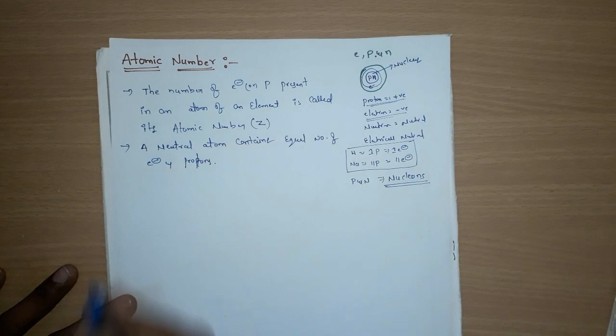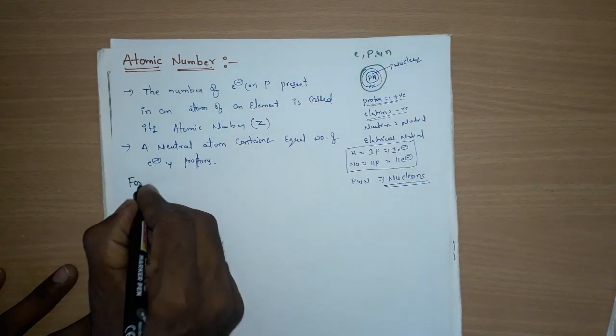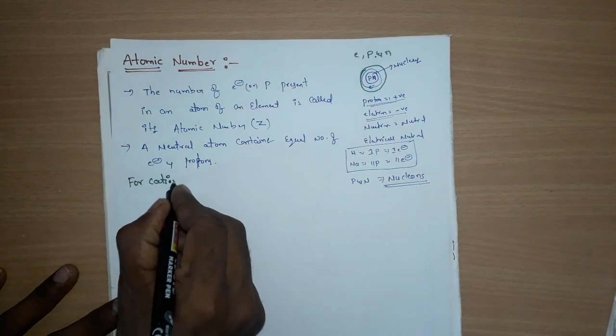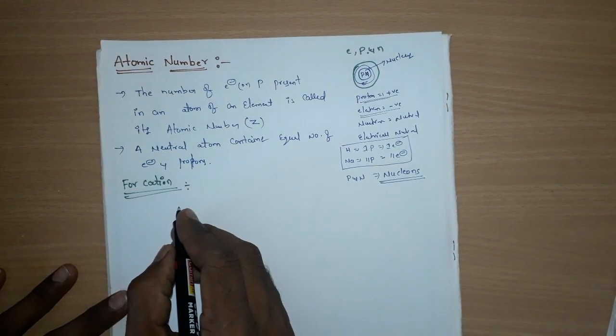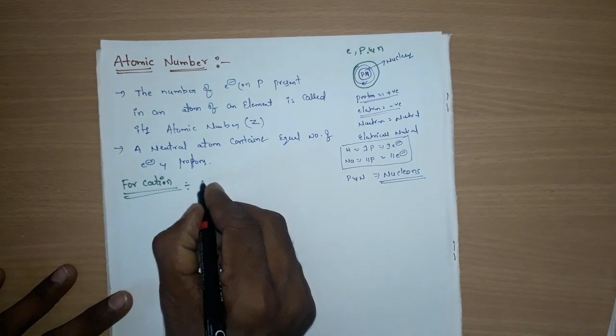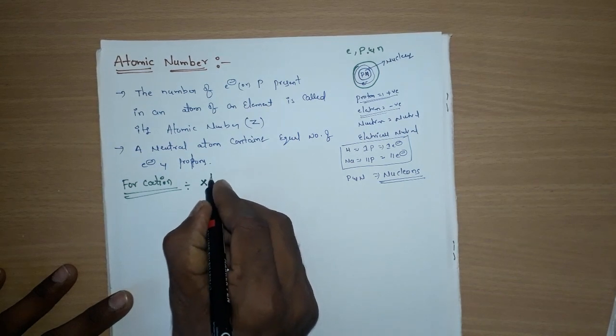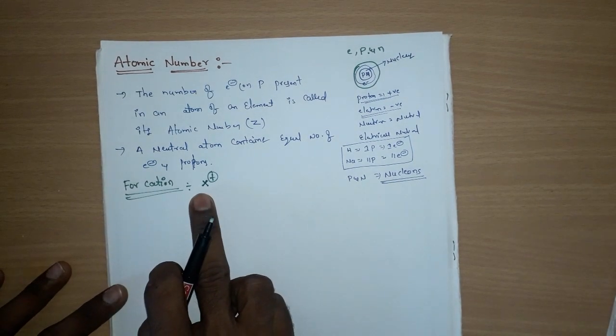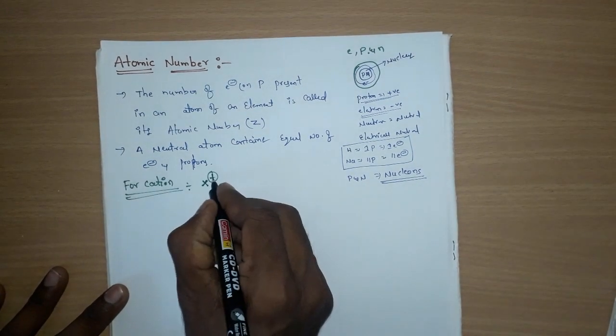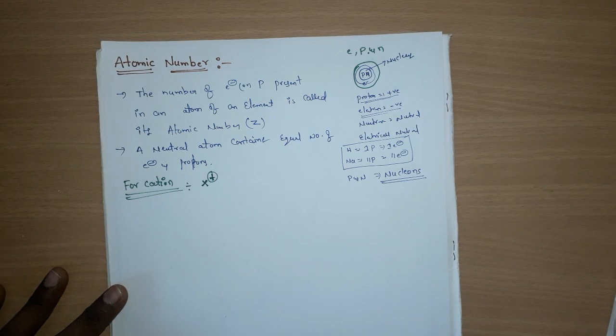Next, if you take a cation, a cation is a species which contains positive charge. Here X is the atom, and the atom contains positive charge. Positively charged species are known as cations.